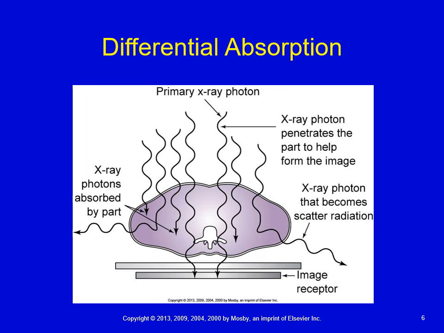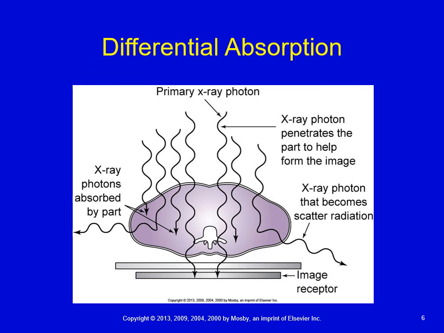So here's a visual of what differential absorption actually looks like. If you remember from the last slide, it's composed of the fact that some of the X-ray photons are being absorbed, and some of the X-ray photons will be scattered with every image. Here, the high density bone will attenuate more of the X-ray photons, meaning they won't pass through.